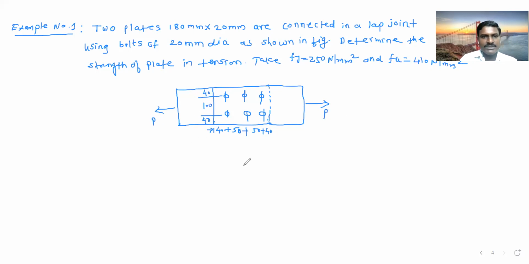It means they have given pitch distance and edge distance also here. It means 6 bolts they have given.